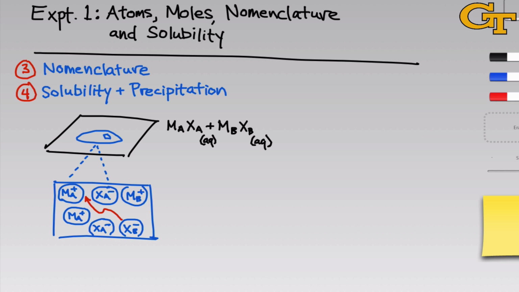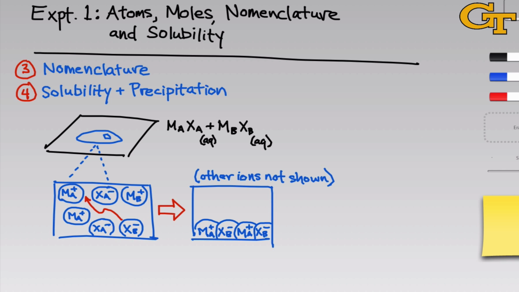And when a solid forms, two of the ions that were originally not in contact, so either Ma and Xb or Mb and Xa, get together and are so strongly attracted to one another that they start getting together and forming a solid at the bottom of the drop or at the bottom of the reaction vessel.